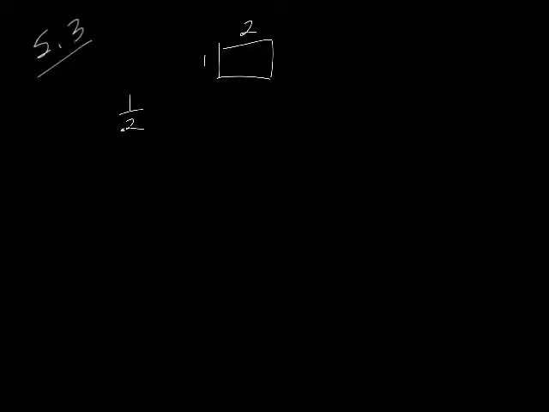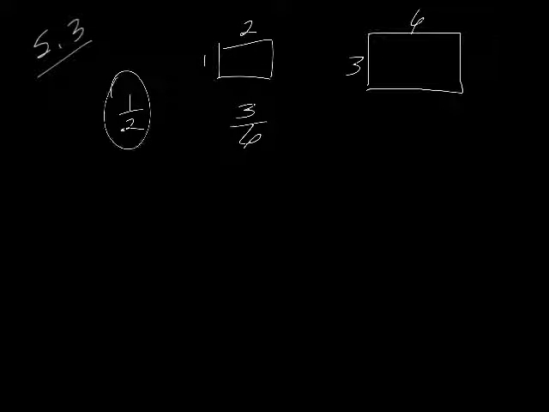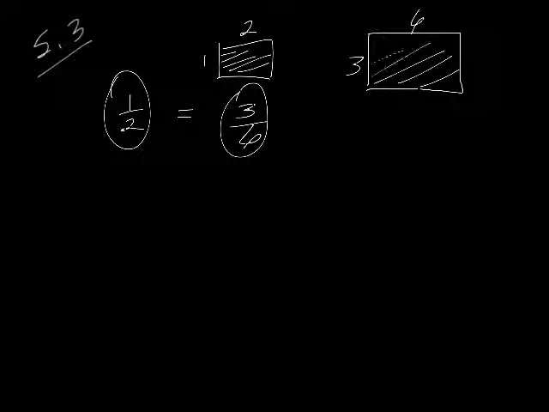If I have another rectangle, and this is 3, and this is 6, then the ratio is 3 to 6. Now, if my ratios can be reduced and are equal, then I can say that my two ratios are proportional, or this rectangle and this rectangle are proportional.